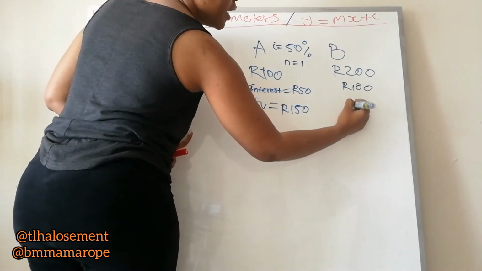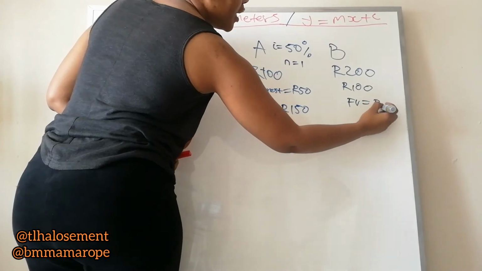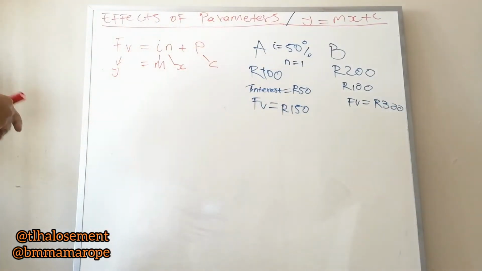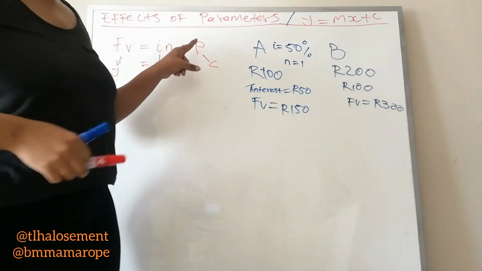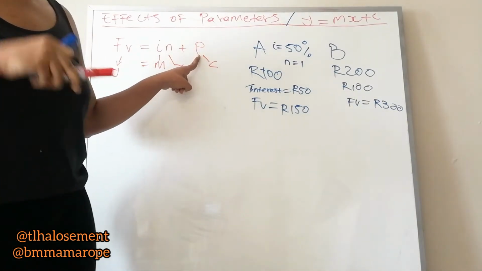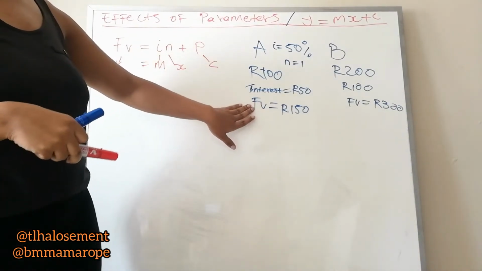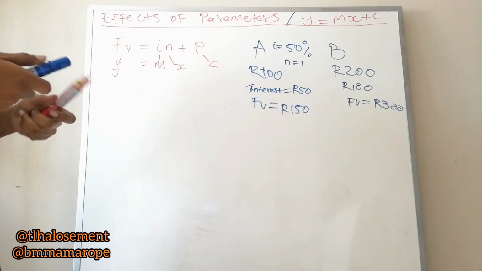Then this one will get 300 Rand. So that's what we touched on. We saw that our principal amount, the amount that we put in, really has an effect on our future value, because we saw it changing the future value.